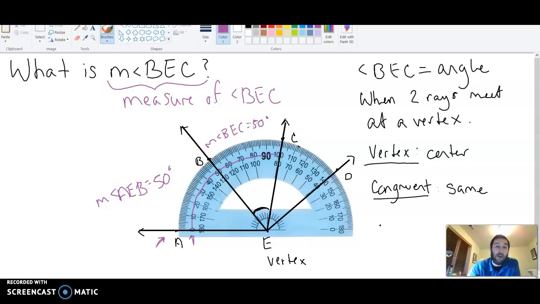Because they're the same, we can say that these two angles are congruent, and we're able to show that by putting a dash mark in each. If we put a different number of dash marks, as long as they matched, we'd know that they were congruent. So if I put 2 dash marks in, I'd have to put 2 dash marks in the others, because that shows that they're the same size, that they're congruent angles. And so that's one way to find it.